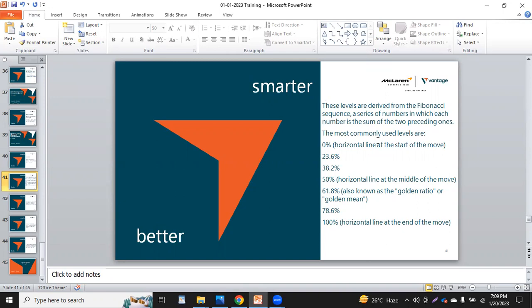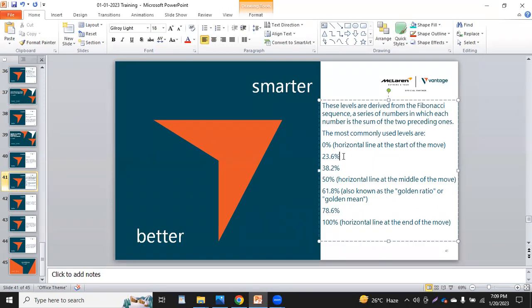So the most commonly used levels are the zero level. The zero level is a horizontal line, which is the start line. Then you have another line, which is the 23.6. This 23.6%, you will also see as 0.236 on the chart.